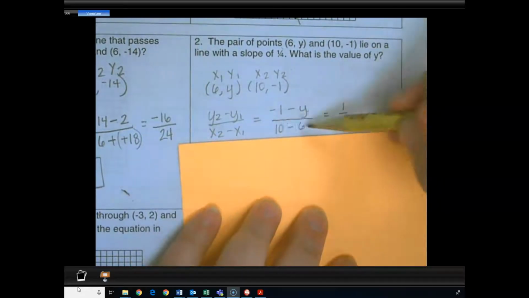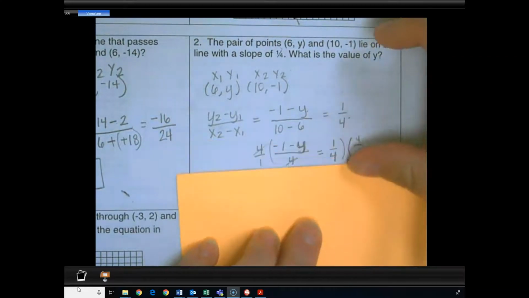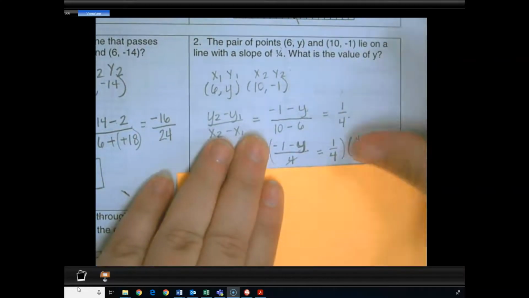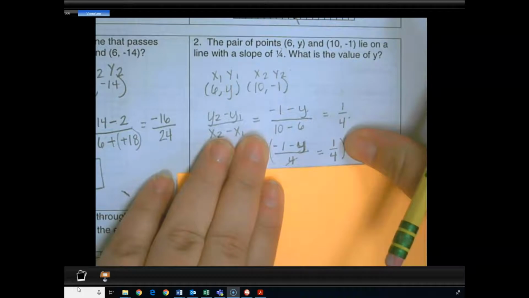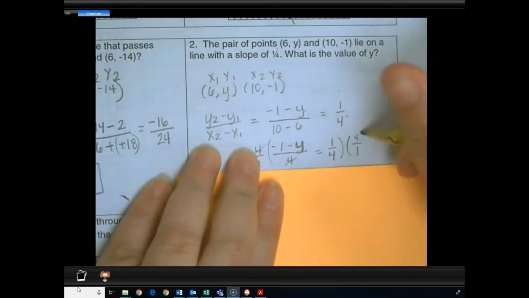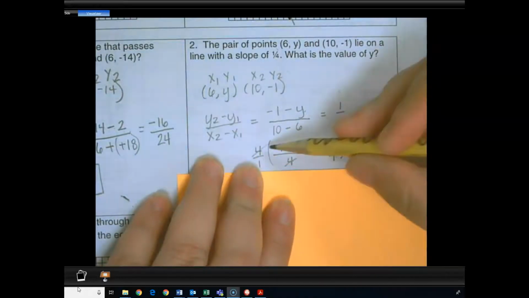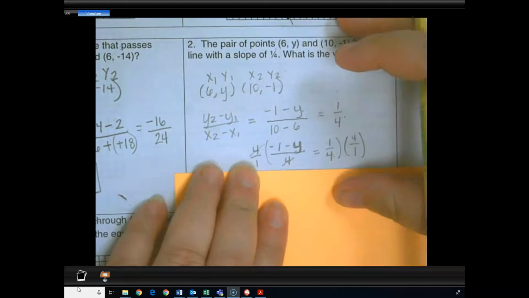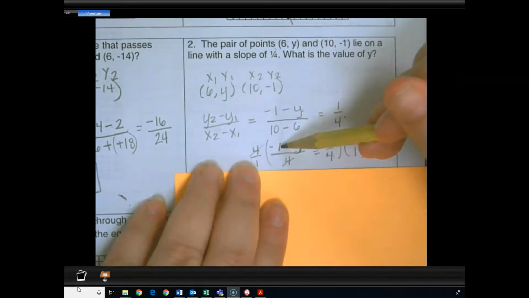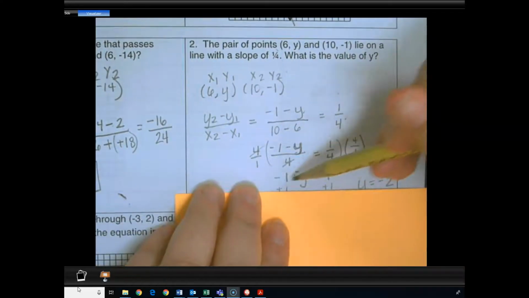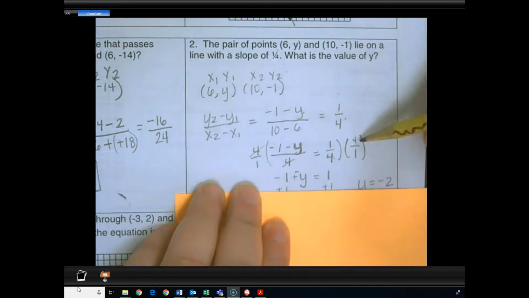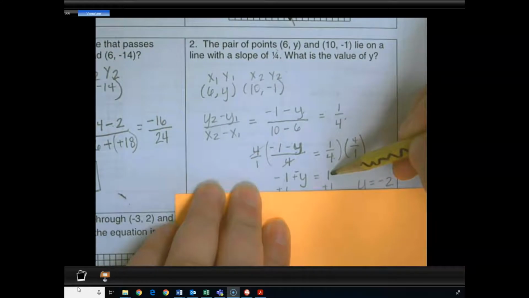So I did 10 minus 6 and got 4 on the bottom. Multiplied both sides by 4. That got rid of the 4's on the bottom, because I don't want to deal with fractions, leaving just negative 1 minus y, and 1 times 4 and 4 times 1 is just 4 over 4, which is 1.